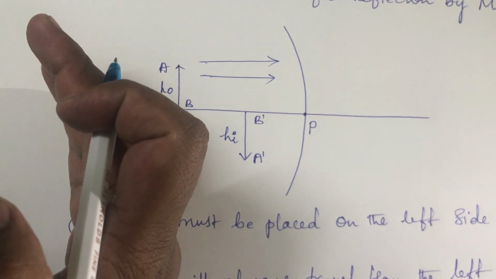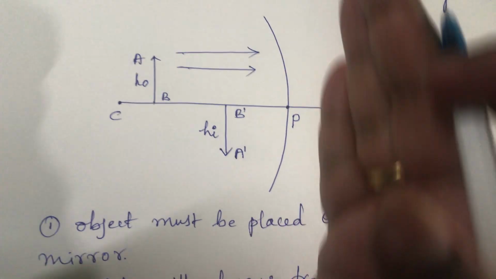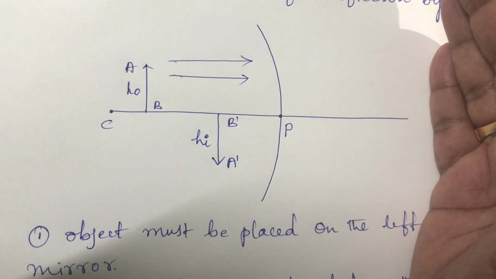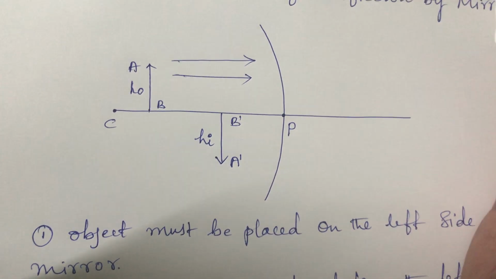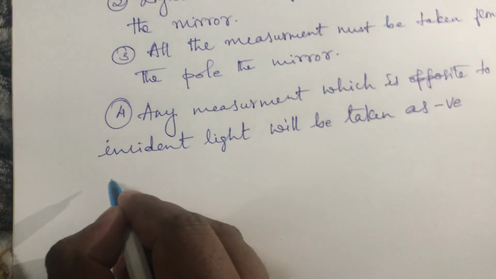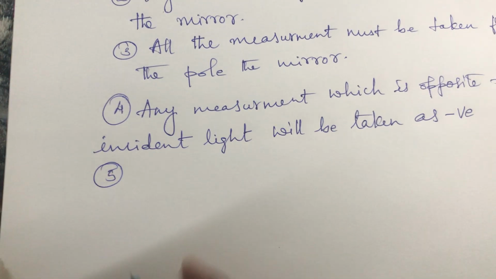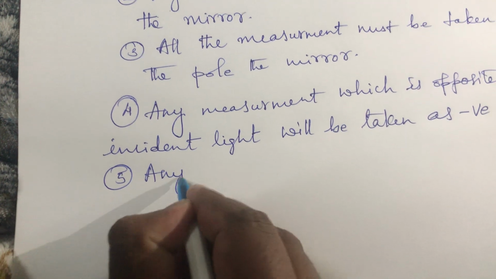Any measurement in this direction should be taken as negative. Any measurement which is taken in the direction of propagation of light will be taken as positive. That's the important thing.